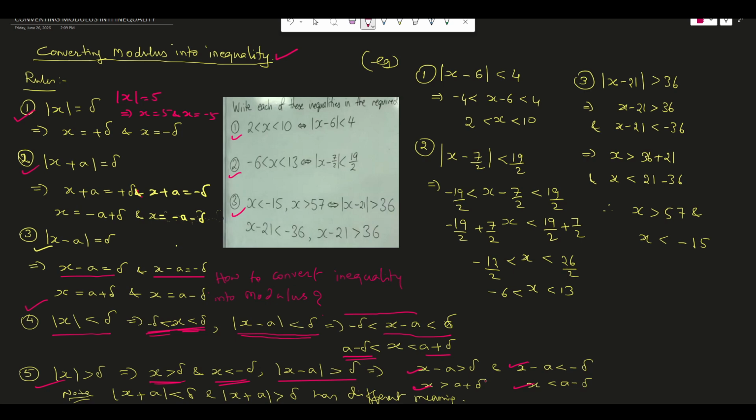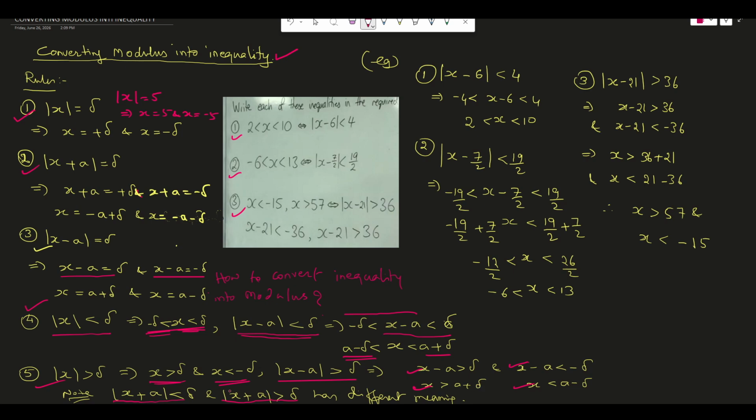Now one note I have given here: modulus of x plus a less than delta and modulus of x plus a greater than delta have different meanings. Different meaning means that is where you have to pay attention.